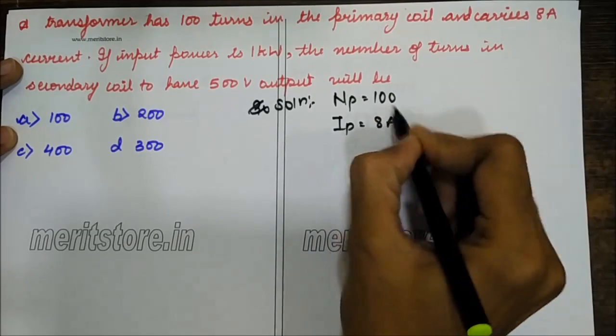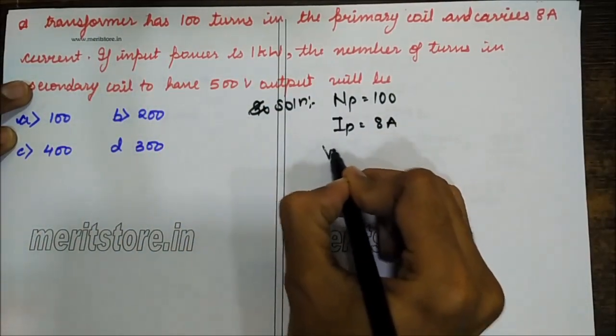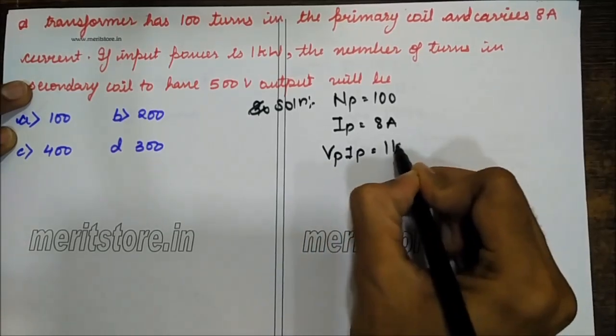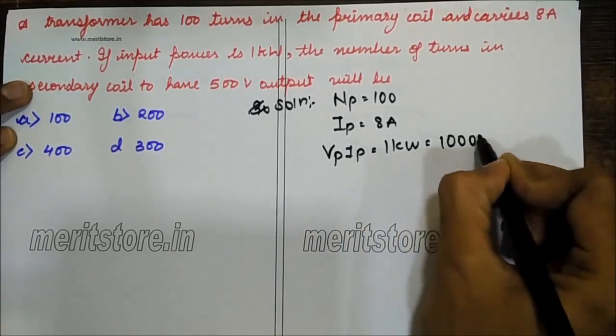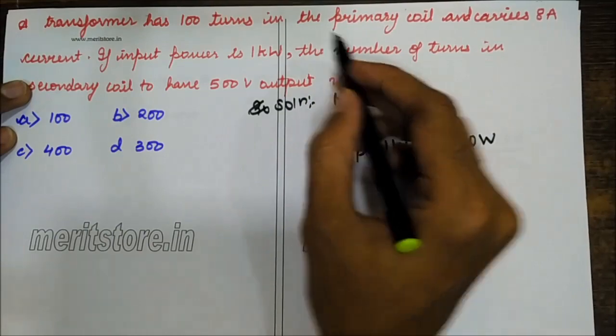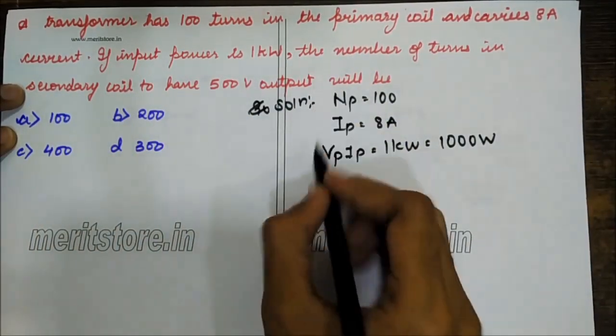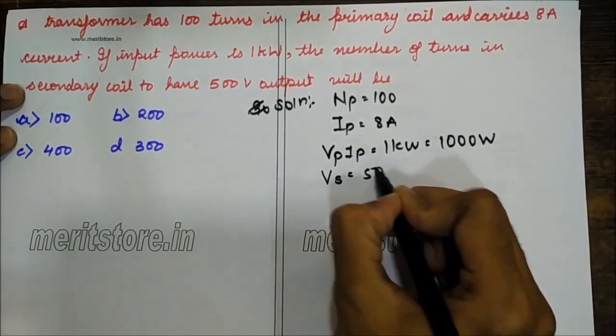The input power, that is Vp into Ip, is given to be 1 kilowatt, that is nothing but 1000 watt, and we need to find the number of turns in the secondary coil to have output voltage, that is Vs of 500 volts.